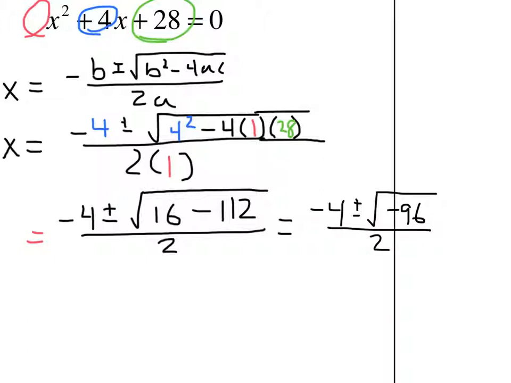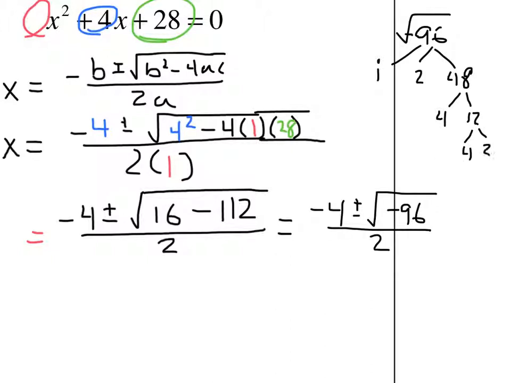And don't forget that when we are factoring the negative 96, I'm going to pull out an i, and then also pull out, let's see, a 2 and a 48, which is a 4 and 12, 4 and 3. And remember the important part here, the repeats. You don't have to factor all the way.